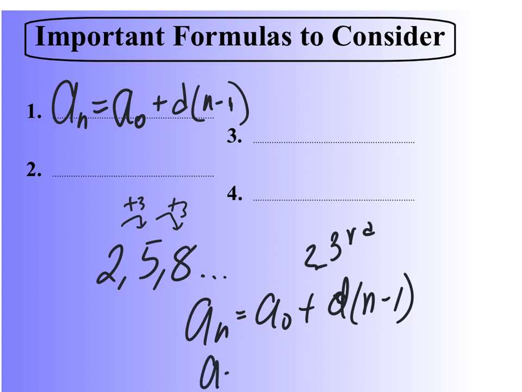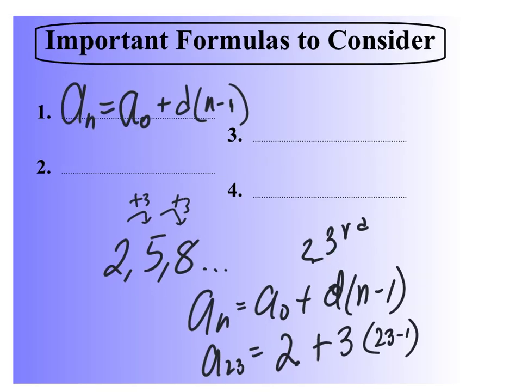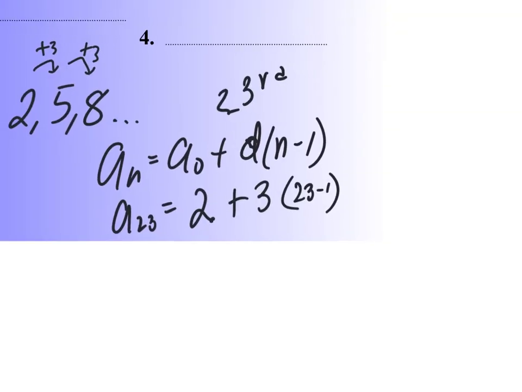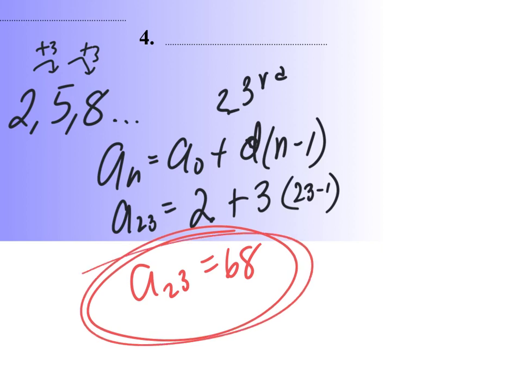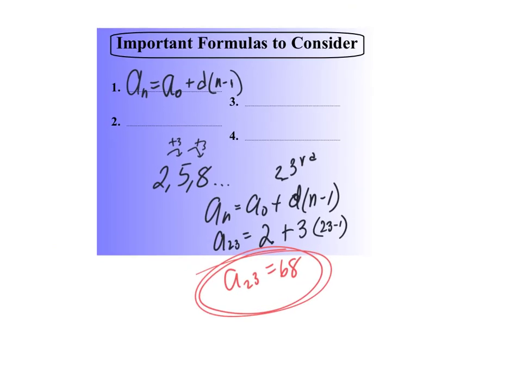So a sub 23, the 23rd term, would be 2 plus the common difference of 3 times n minus 1, which is 23 minus 1, which is 22. 22 times 3 is 20, 40, 60, plus 6 is 66, plus 2 more. Is it 68? Have I got it? Yeah. All right. a sub 23 is 68. Okay. That's one of your 2 formulas. You've only got 2 so far.